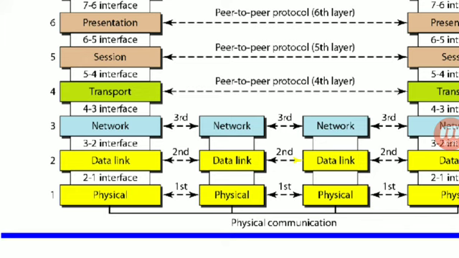Now this physical layer will have an interaction with these intermediate nodes. These intermediate nodes will have only 3 layers: the physical layer, the data link layer, and the network layer.